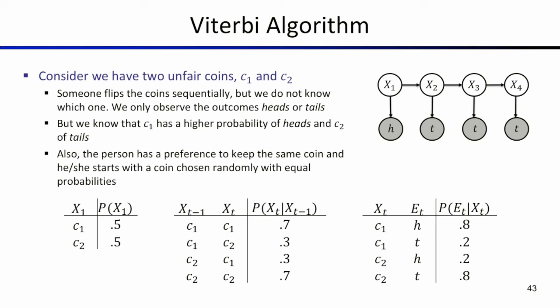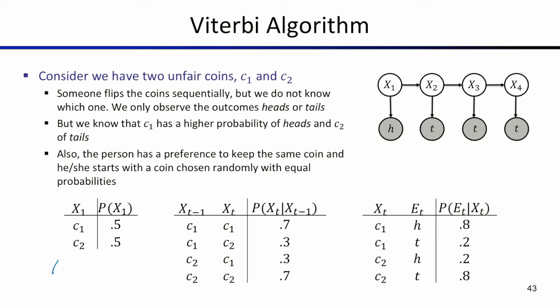We know that C1 has a higher probability of heads and C2 has a higher probability of tails. And the person has a preference to keep the same coin that he or she starts with, and the coin is chosen randomly with equal probabilities.